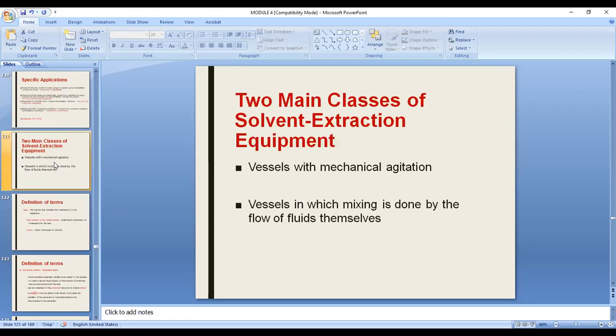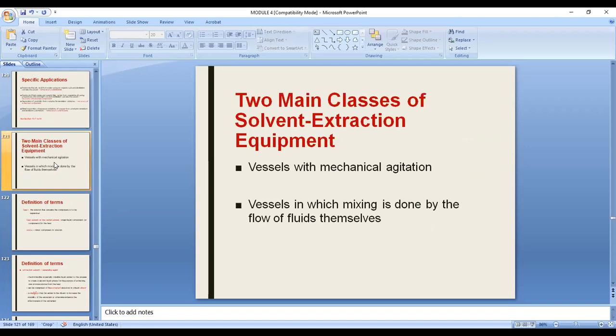Now, there are two main classes of solvent extraction equipments. It could be as simple as a mixer settler, a vessel which has a form of agitation. Now, the extract is the layer on top, the raffinate is the layer below it at the bottom, and of course, you separate the extract by means of simple decantation if it's just a small container or equipment, or it could be a case of overflow.